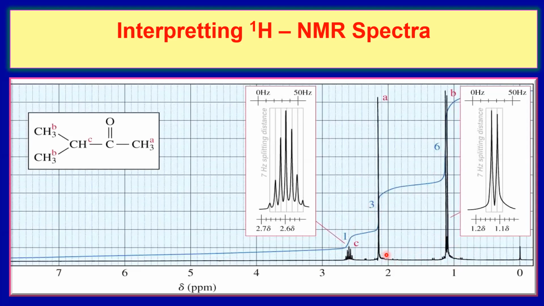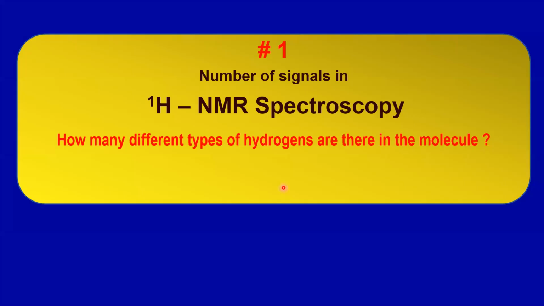Then you'll be looking for their position. Then also their multiplicity, so into how many lines a particular signal or peak has split, and also the distance between the multiplet lines. Therefore, these are the 5 aspects we'll be keeping in mind when you are looking at the HNMR spectra. So let us start our discussion with the number of signals in HNMR spectroscopy.